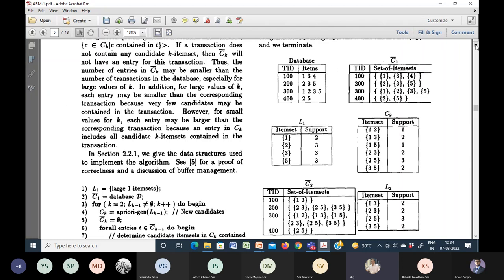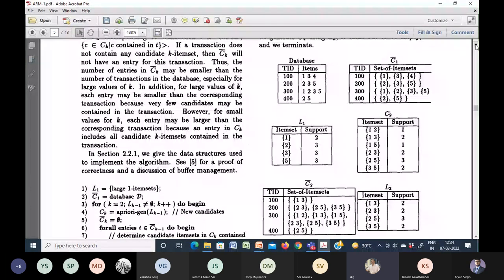So for {2, 3} it is 200, for {1, 3} it is 100, and similarly for {2, 3}, {2, 5}, and {3, 5}. These are the transactions we need to find for these 2 item sets. So based on that, we have these 2 item sets: {1, 3}, {2, 3}, {2, 5}, and {3, 5}.